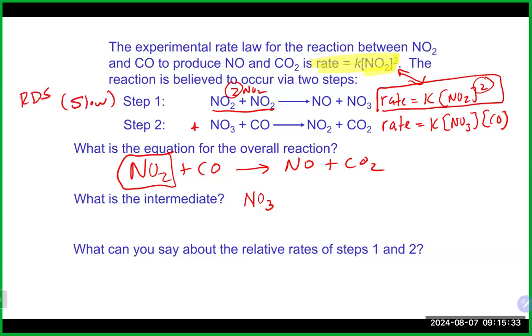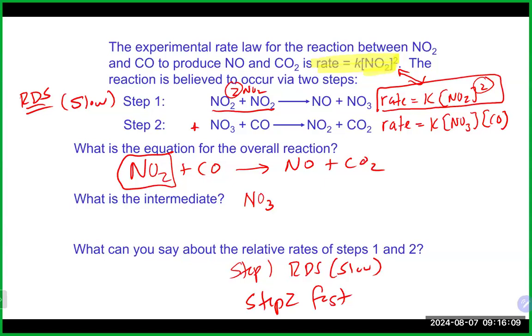It is the rate determining step. So what really determines the overall rate of this particular reaction is that slow step. And in this particular mechanism, it would be the first step. Once that first step happens, the second step will probably happen relatively fast. But overall, it is the one that's going to determine the overall sort of rate law for this reaction. So step 1 should be definitely slower. And obviously step 2 should be much faster than step 1 in this case.